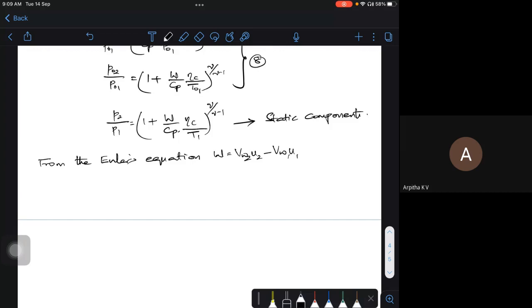Now, this is for a radial flow compressor or centrifugal compressor.